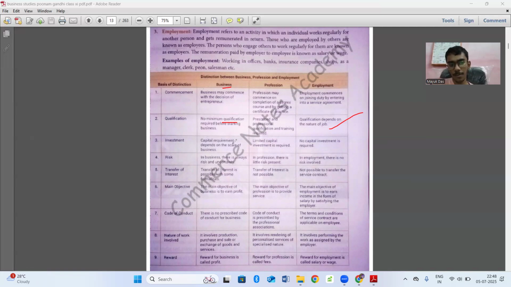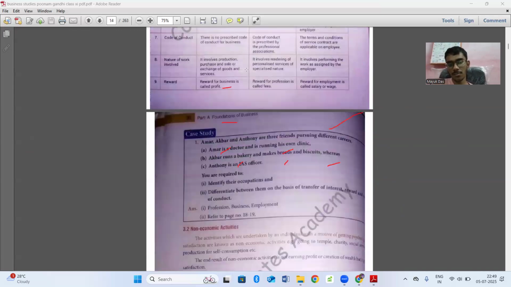Investment: in business, capital requirement depends on the scale of business. In profession, limited capital investment is required. In employment, no capital investment is required. Risk: in business there is always risk and uncertainty. In profession there is little risk. In employment there is no risk involved. So various differentiations are there.